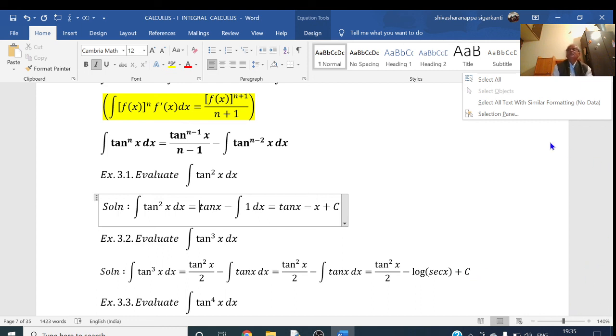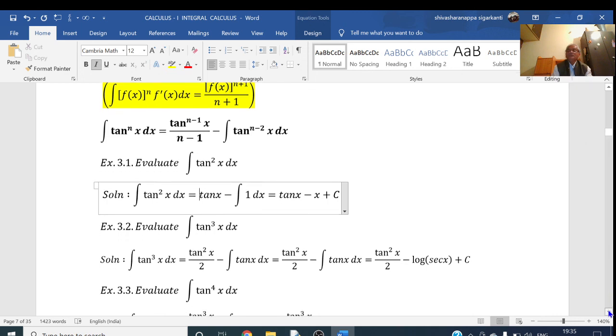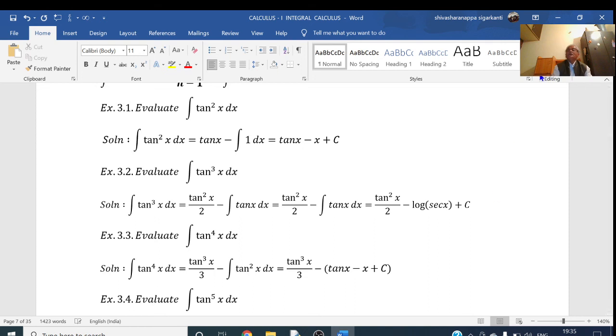Next example, we find the integration of tan fourth of x. n equal to 4. Tan to the power of n minus 1, that is tan cube of x, divided by n minus 1, that is 4 minus 1 is 3, minus the integration of tan x to the power of n minus 2, 4 minus 2 is 2, tan square dx.